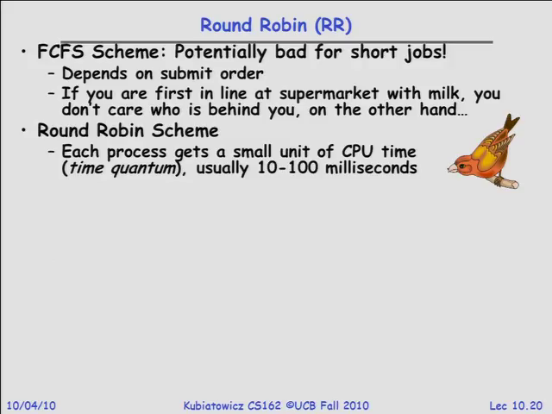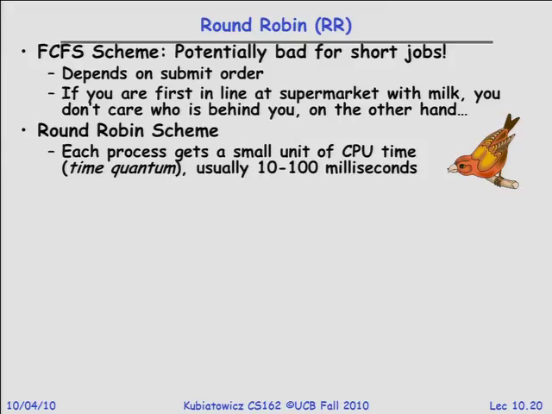You go to get milk, you're behind somebody with a cart full of stuff, and what happens is they get to run two things through, and then you get to go in front and run yours, and then they get to run the rest of their cart. Now that's completely impractical, probably likely to get your car keyed, but it actually is a good analogy of what we like to do.